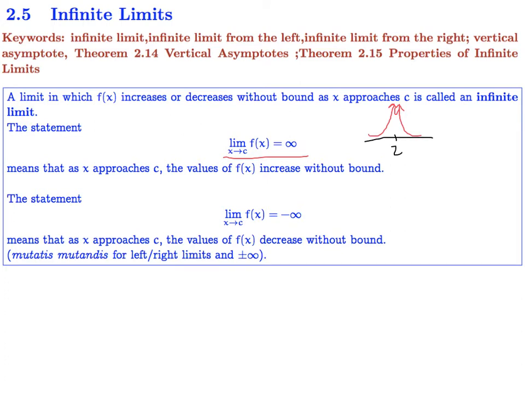Whereas what could also happen is we could have the case where we're getting smaller and smaller, more negative, and this would be decreasing without bound. So a good picture to keep in your mind of this one is just the opposite direction. In this case, our limit is going off to negative infinity here. And of course we can do everything here with limits from the left, limits from the right, plus or minus infinity. And so we'll look at an example of that next.